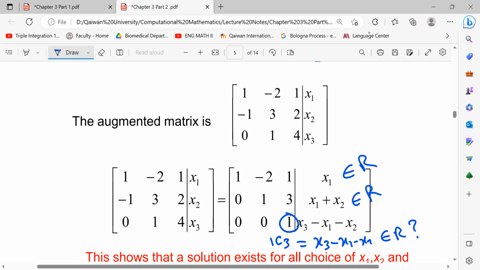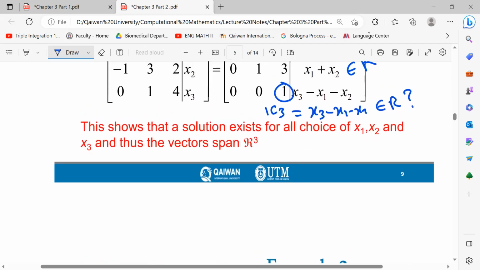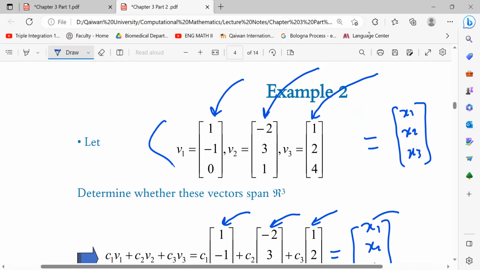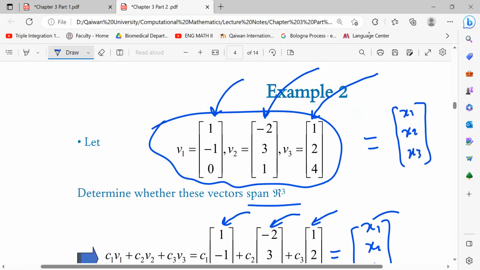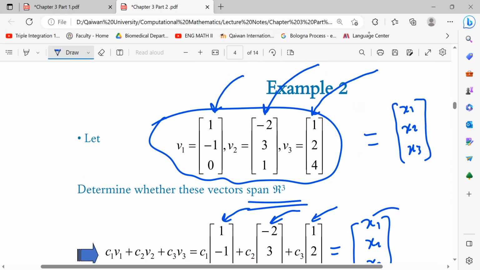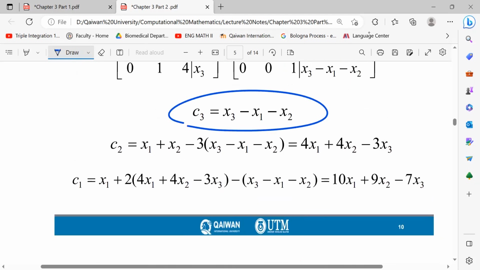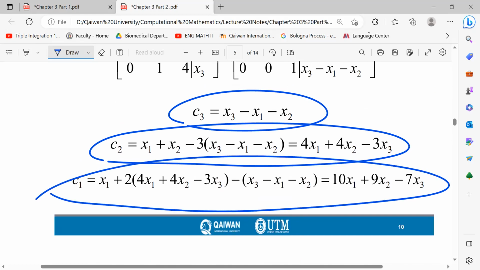That means we get 3 values for c1, c2, c3. So what does it mean? It means these 3 vectors span R3. That's it. c1 is this, c2 is this, and c3 is this.